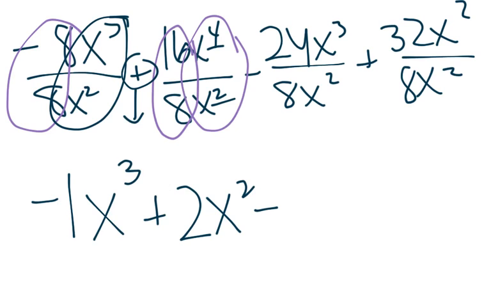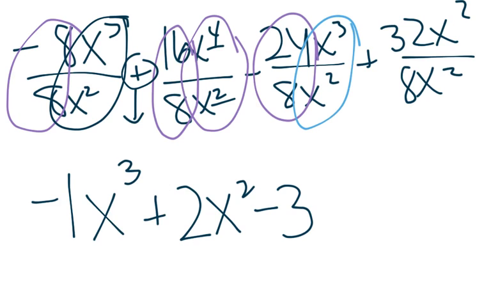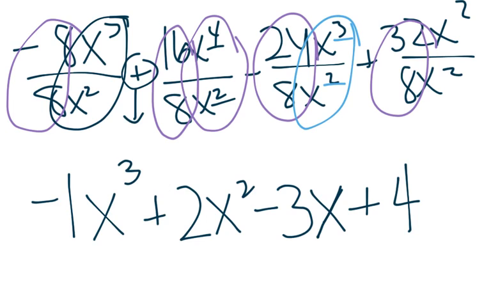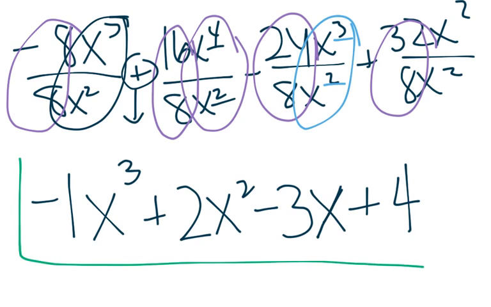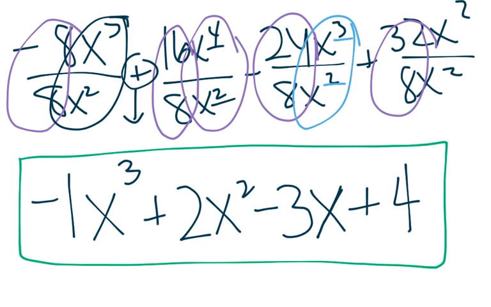So we're going to say minus 24 divided by 8 is 3, and x to the 3rd over x squared, we just subtract 3 minus 2, so that's 1, so x to the 1st power, or just x, plus 32 divided by 8, which is 4, and x squared over x squared, which they just cancel each other out. So this is our answer over here. Negative 1x to the 3rd plus 2x squared minus 3x plus 4.